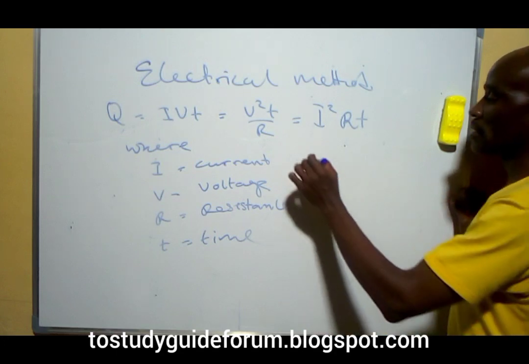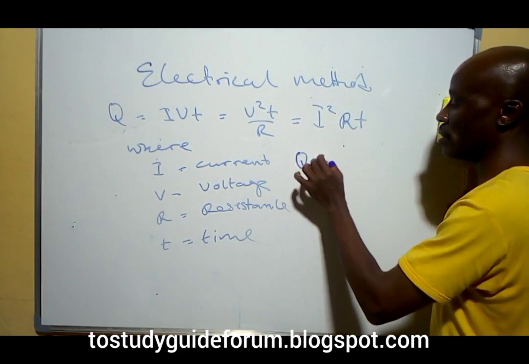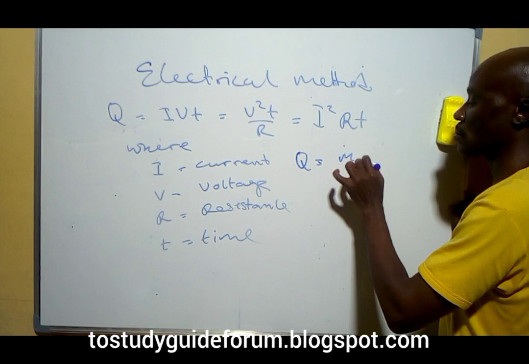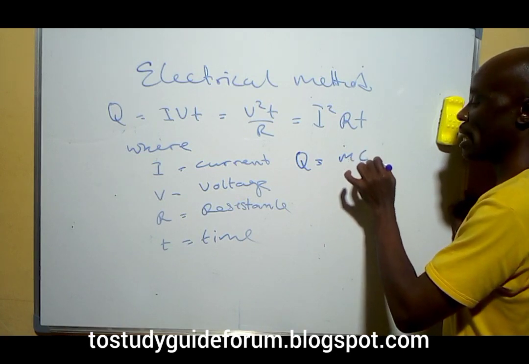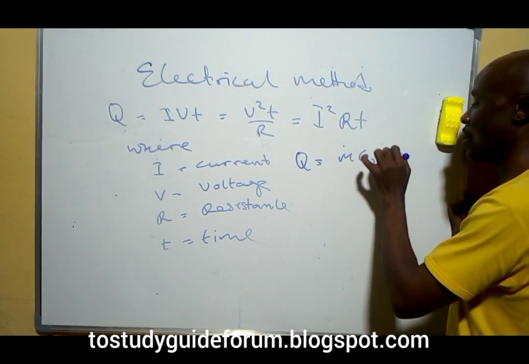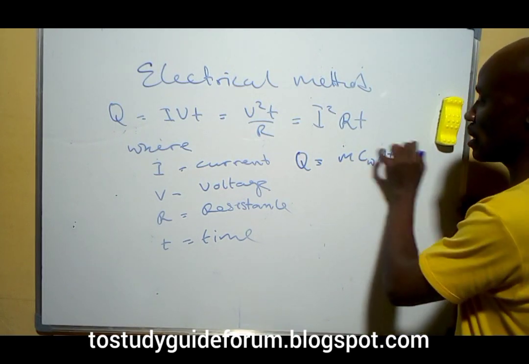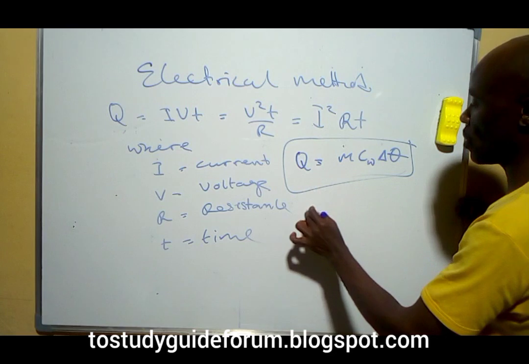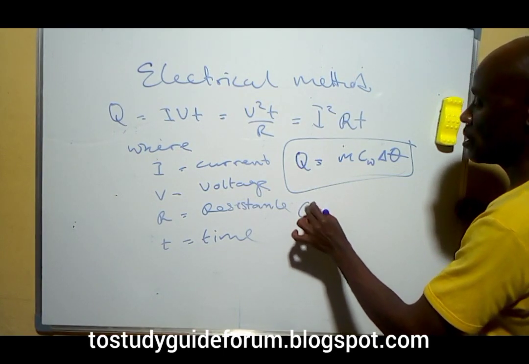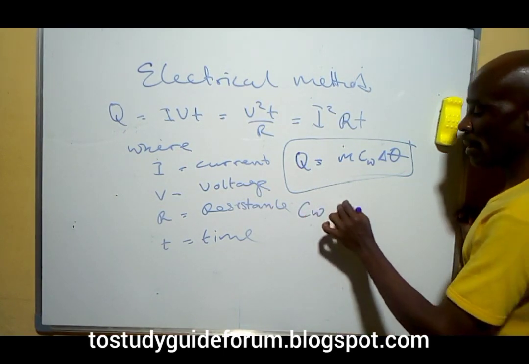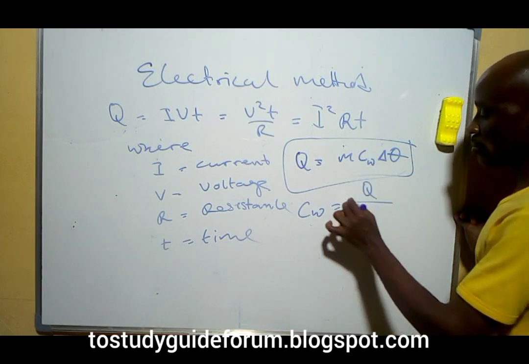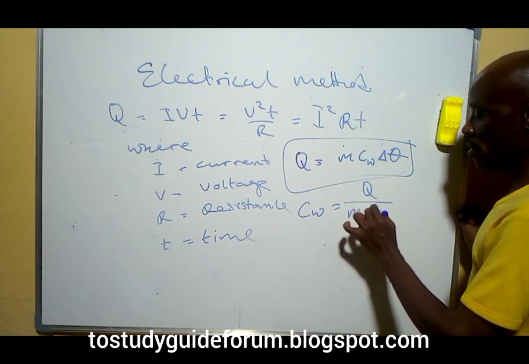In that case, the quantity of heat is mass times specific heat capacity, perhaps of water, times change in temperature. With this again, we can make the specific heat capacity of the water the subject of the formula.